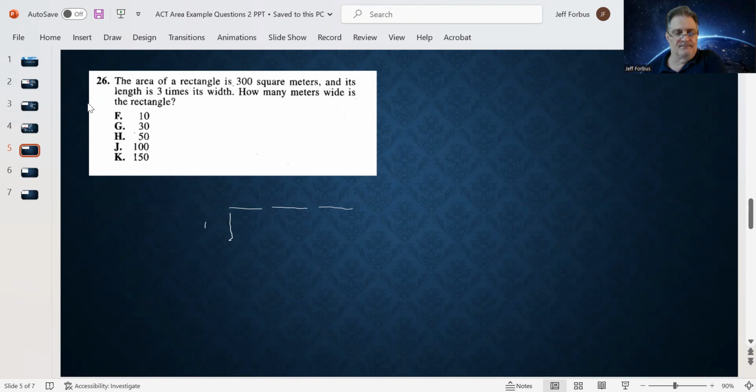So the width, I've modeled the length about the same length as the width that I have drawn here. So you have a width, width, and width. So that turns out to be 3W, which represents the length of our rectangle.